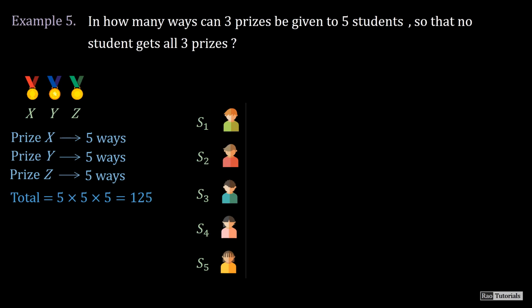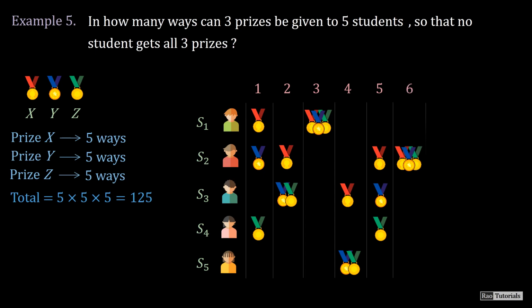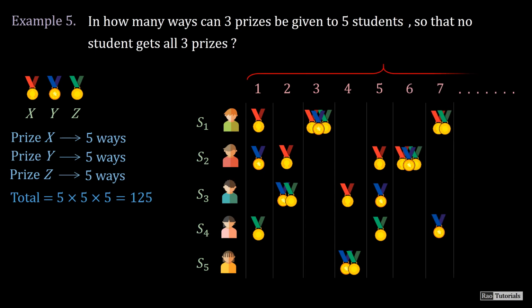Some examples of these 125 ways are as follows. In these examples, we can see that there are all sorts of distribution with students receiving from no prize to all 3 prizes.